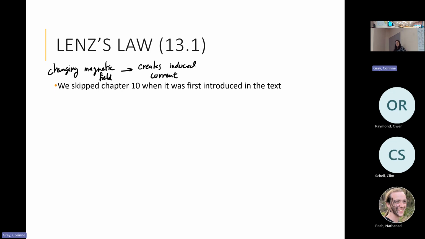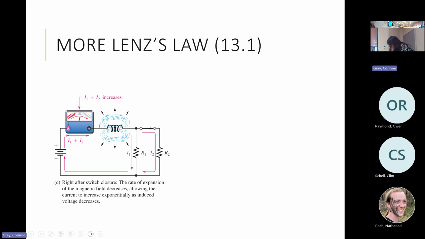But this is weird, because if we think about the beginning of class today, we said that magnetic fields are created by moving charges. So now if I have an induced current, I have induced motion of charge. So by having an induced current, I am going to create an induced magnetic field.